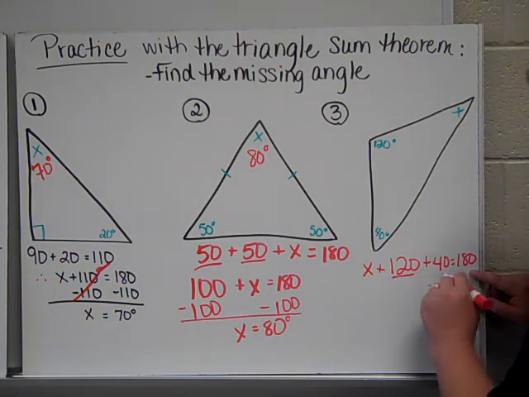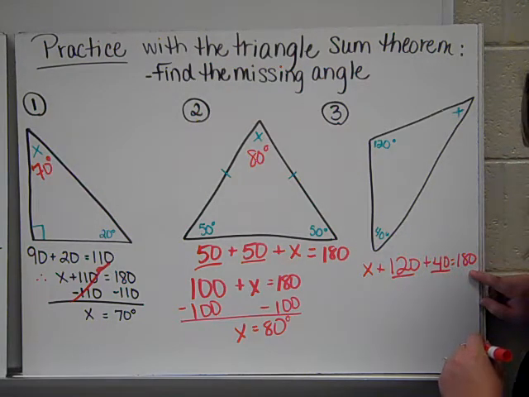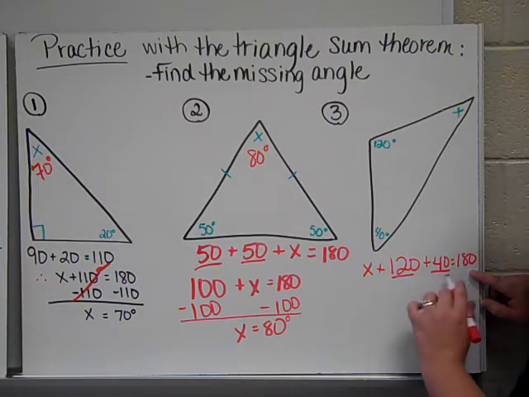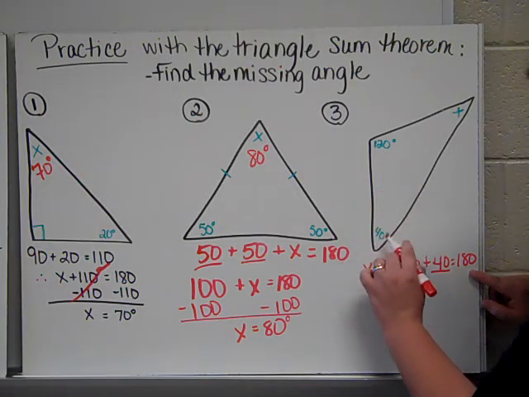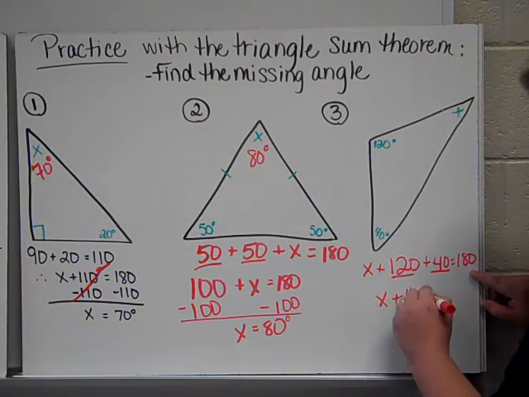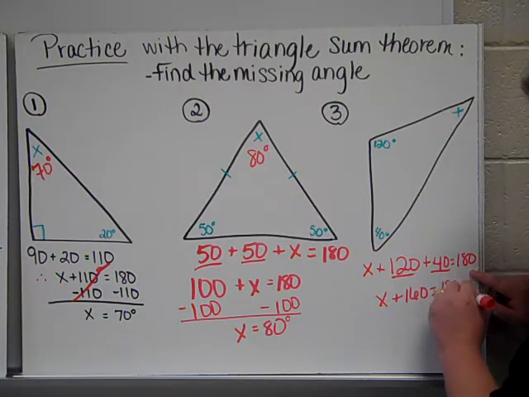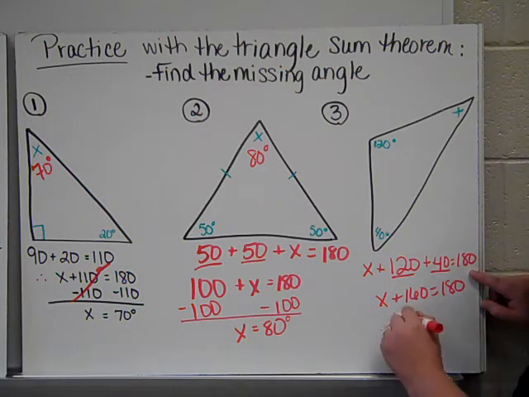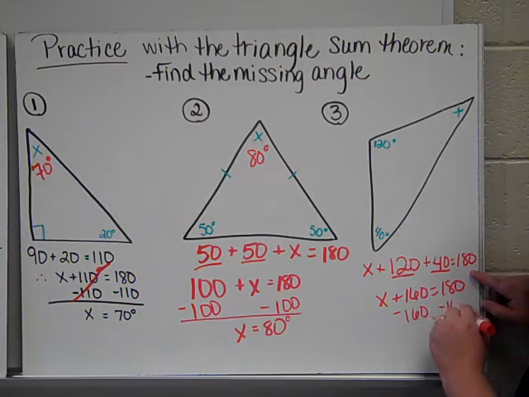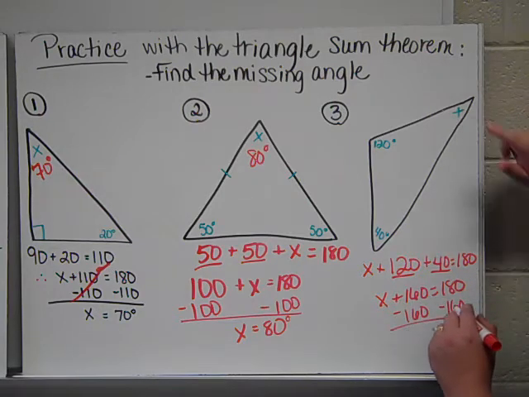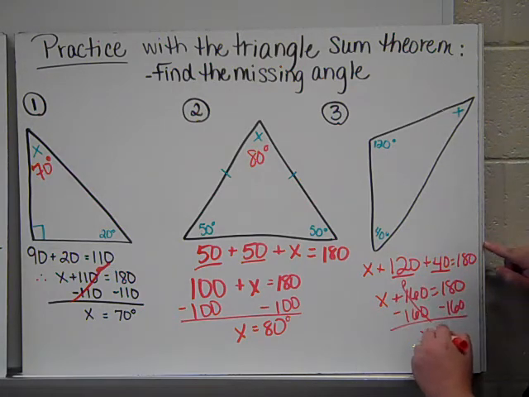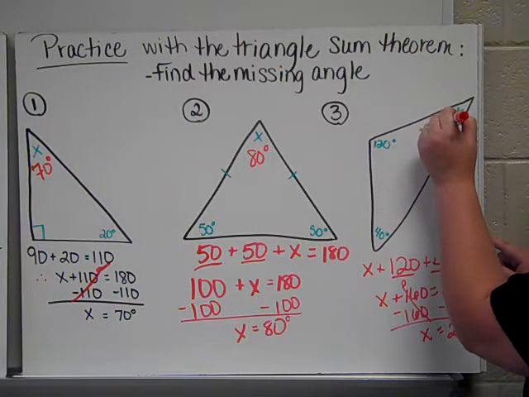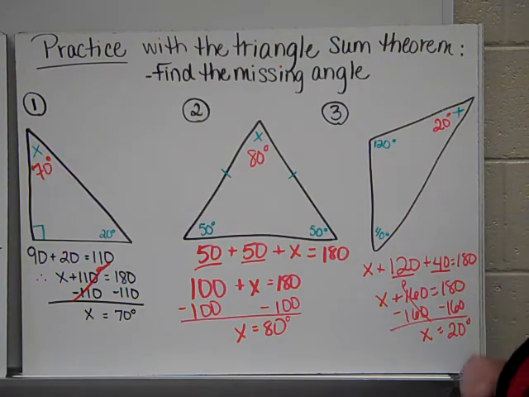Let's combine our like terms: 120 and 40 add up to 160. When I take that from 180, I know that this missing angle is going to be 20 degrees.